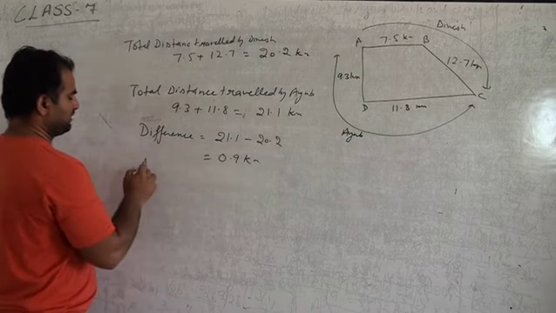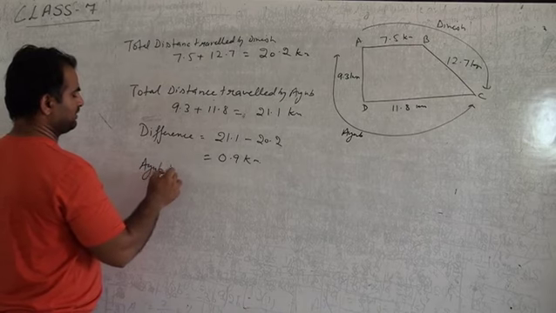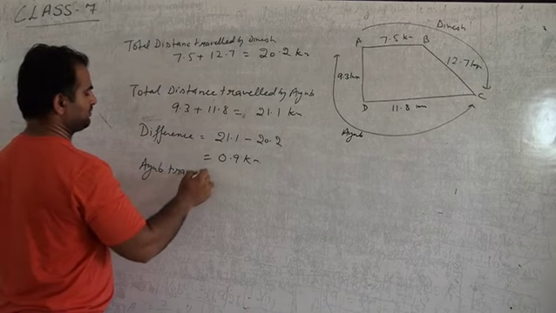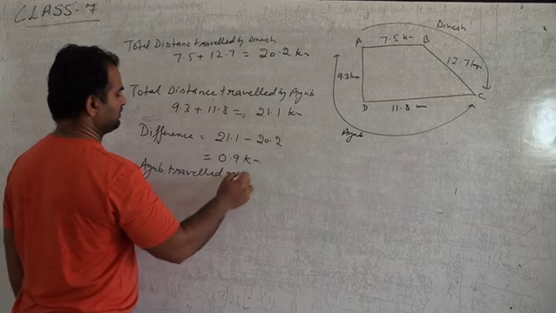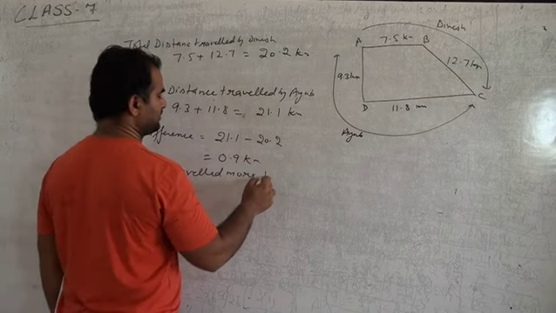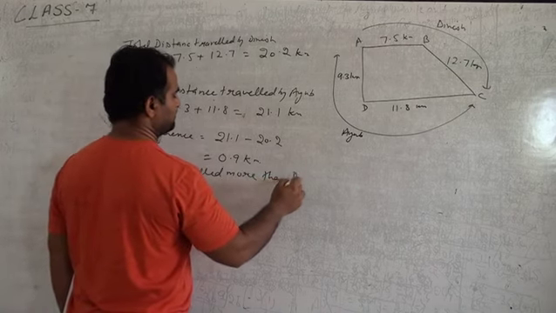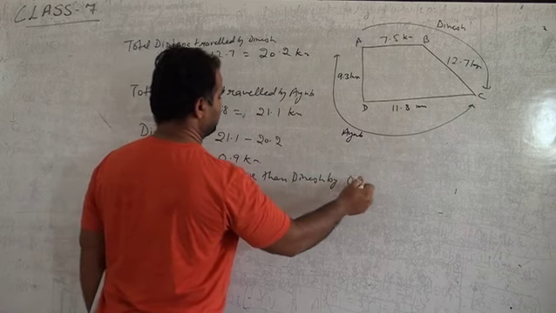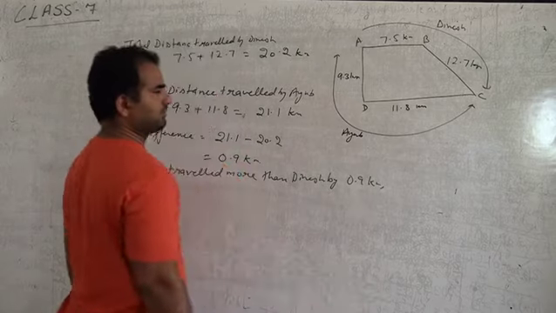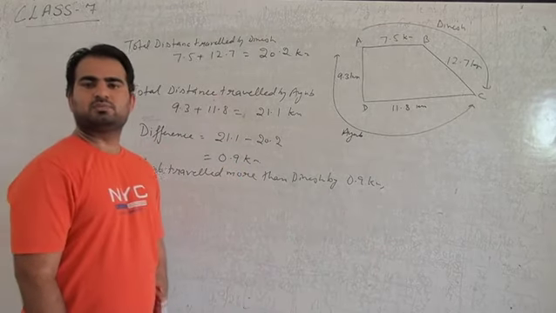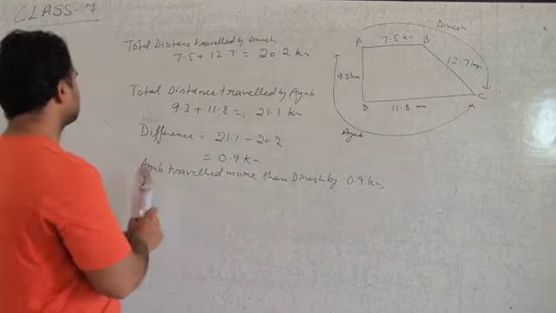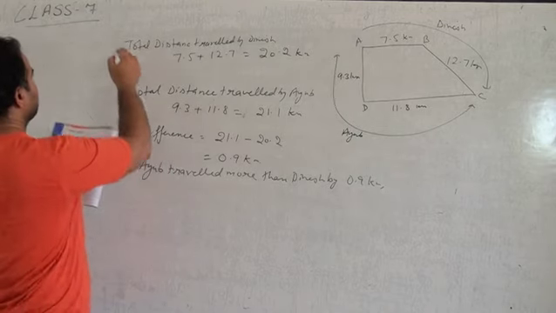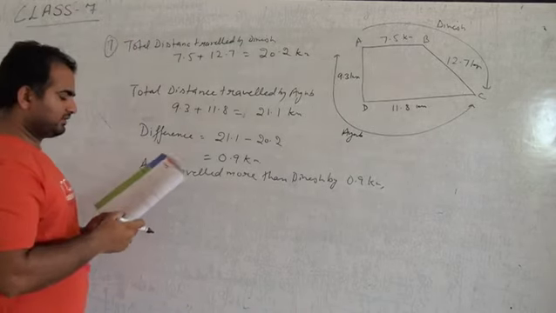So Ayub traveled more than Dinesh by 0.9 kilometer. This was question number 7. Next we have to do question number 8.